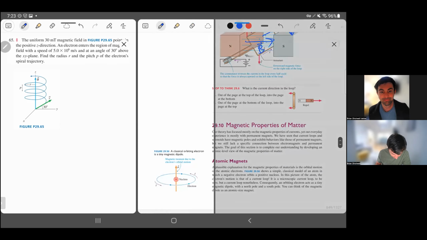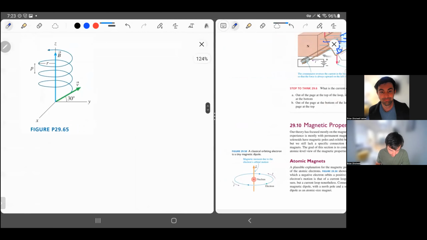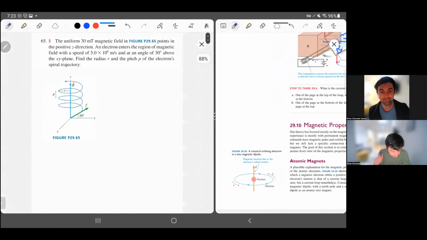Okay, so going over this example problem, remember that we have a magnetic field, and we have a charged particle that's moving not just perpendicular or just parallel to the field, but actually it has both components. If this is the speed, then we have components parallel to the magnetic field. We'll call it V parallel.